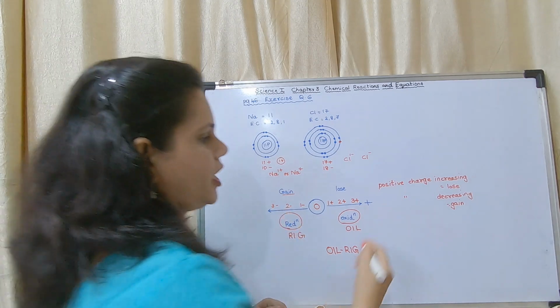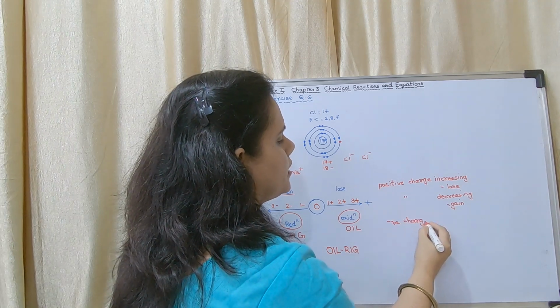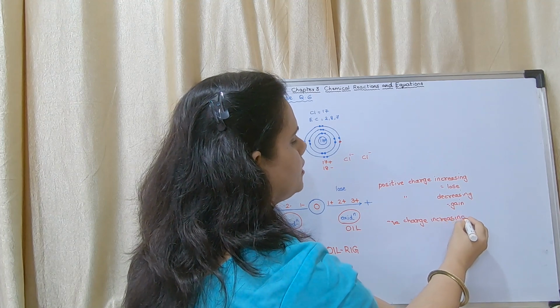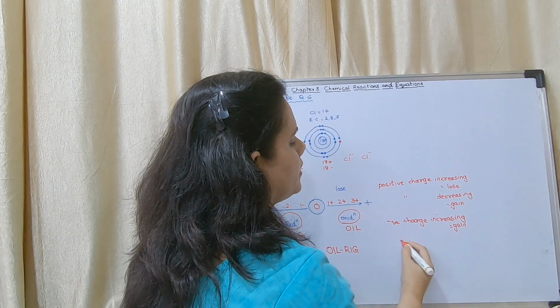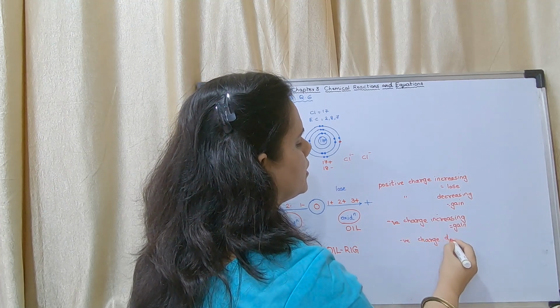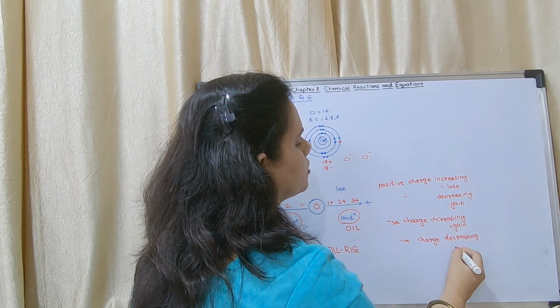So negative charge increasing means it is gaining electrons, and negative charge decreasing means it is losing electrons.